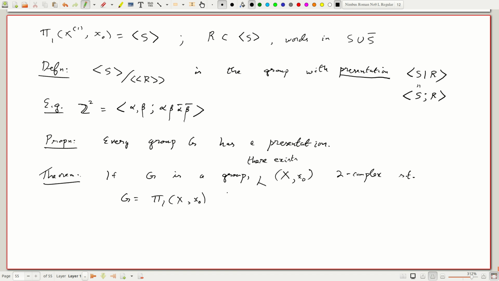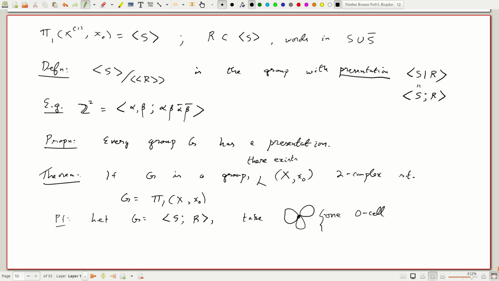Why is that? Because I take a presentation, I take generators. So let G equal S semicolon R. Take this graph, what we had earlier. So that is to take one 0 cell.